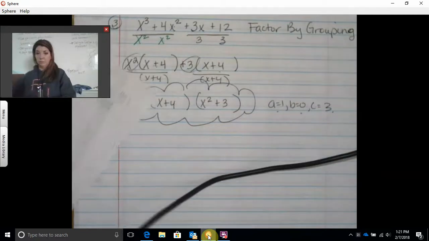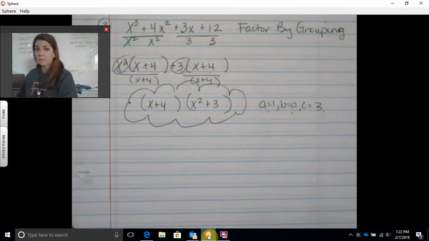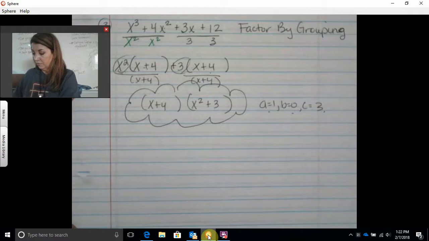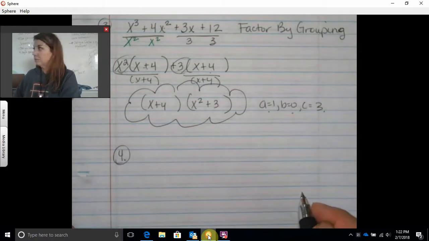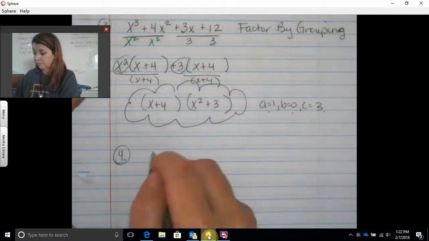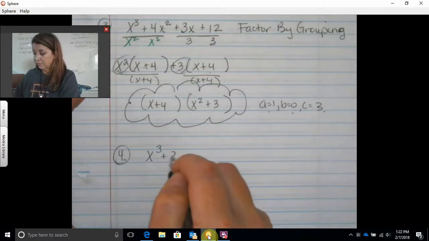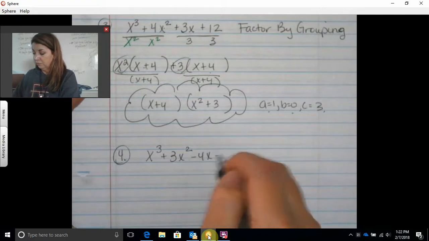It'll be factored at the end. x cubed plus 3x squared minus 4x minus 12. Okay.